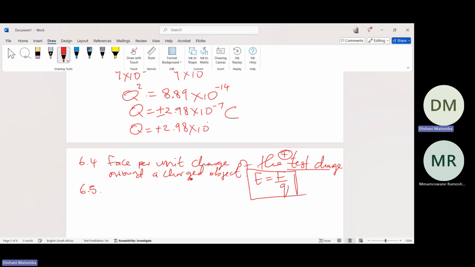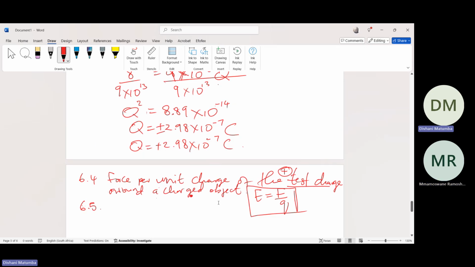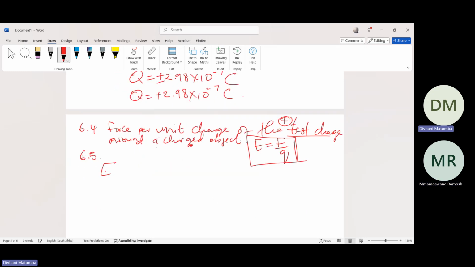Thanks for the reminder. So the formula will be E total equals KQ1 over R squared plus KQ2 over R squared.